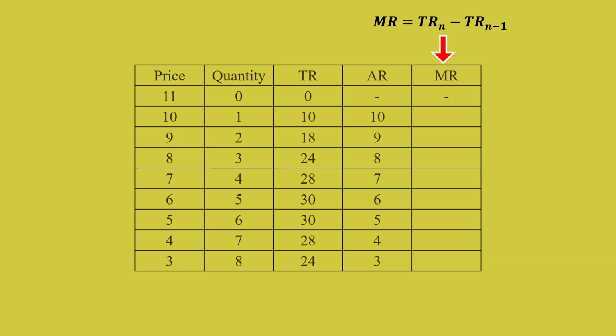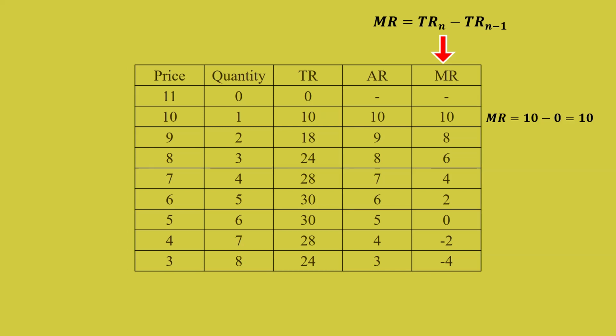The present total revenue is 10 rupees. The previous total revenue is 0. 10 minus 0, 10. This way we have to calculate the marginal revenue for other quantities. The values are 8, 6, 4, 2, 0, minus 2 and minus 4.